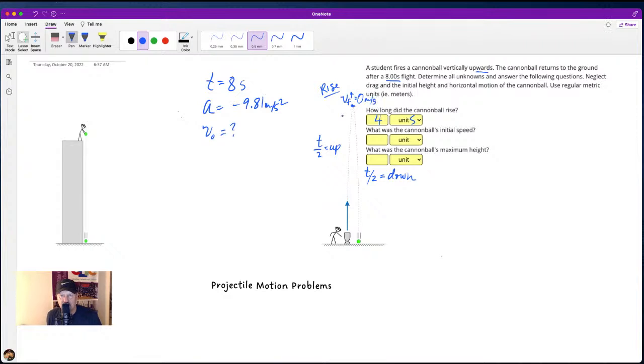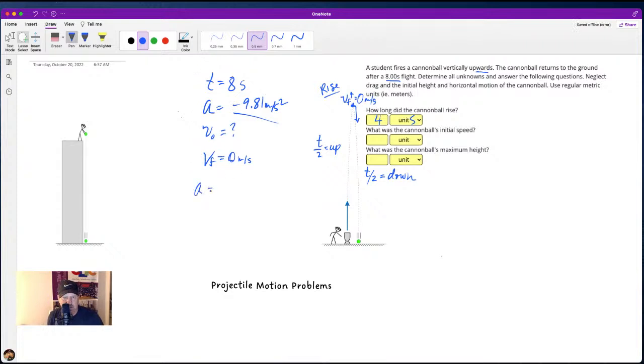So it goes to the top, it stops, and then we know it stops because it changes direction, starts heading back down under the same acceleration the whole time, constant acceleration of g. So V initial is question mark. V final for the rise is equal to 0 meters per second. And so we have a formula for this.